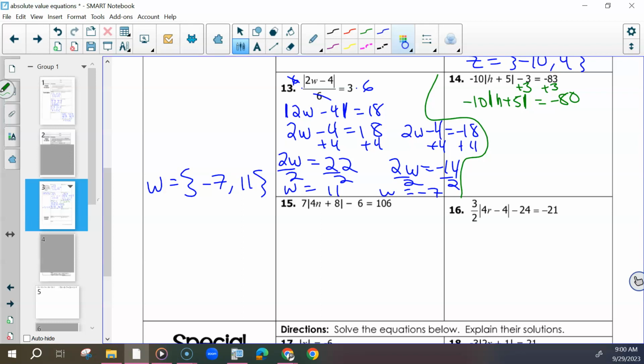And then divide both sides by negative 10. And now that it's isolated, what's our next step?